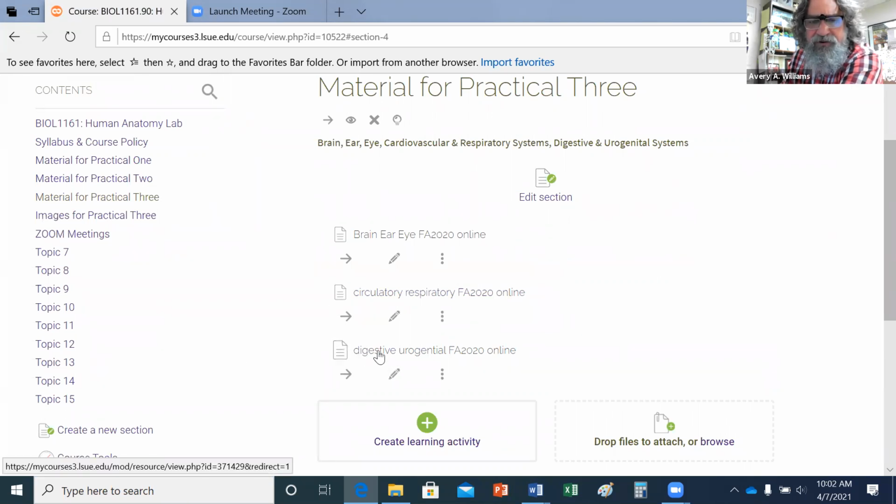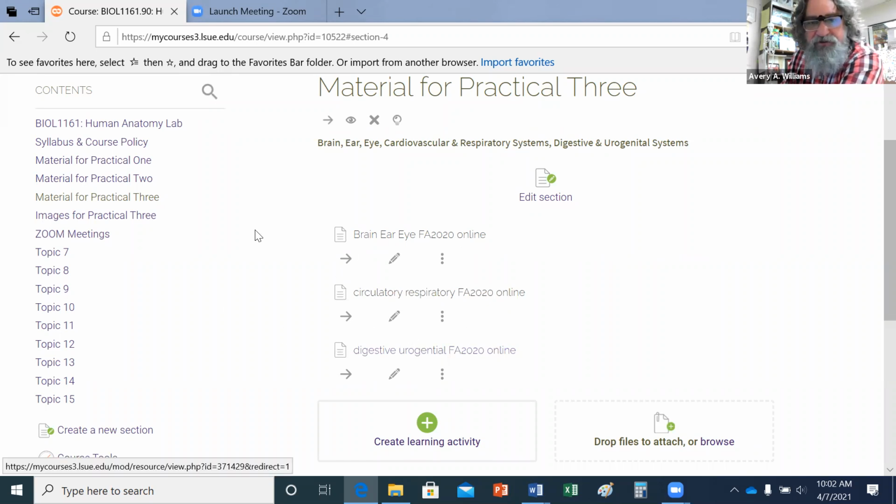I think what we're going to do is I'm going to do just the circulatory portion today, because that's going to take a little bit. And then I'm going to do the respiratory with the digestive, and then the week after that, the urogenital. I think that's the plan.